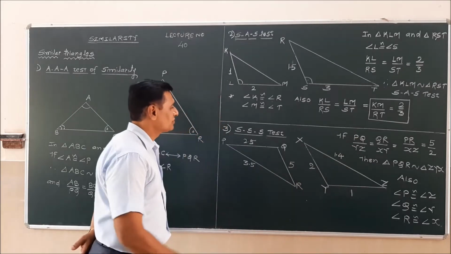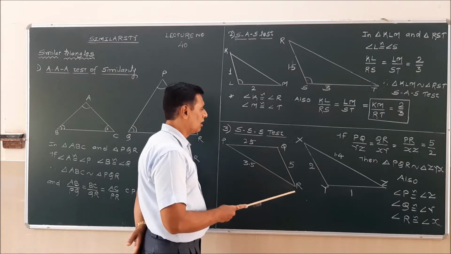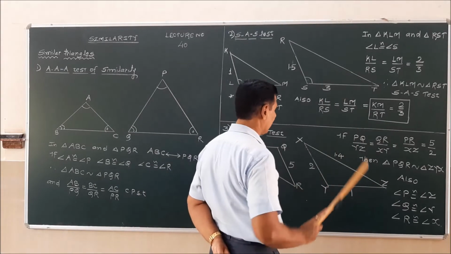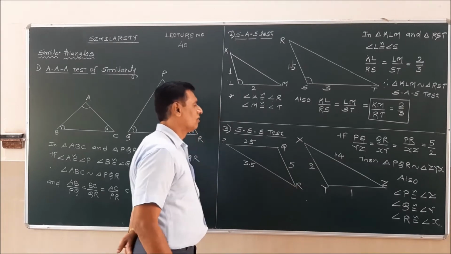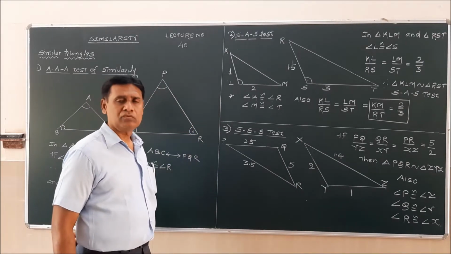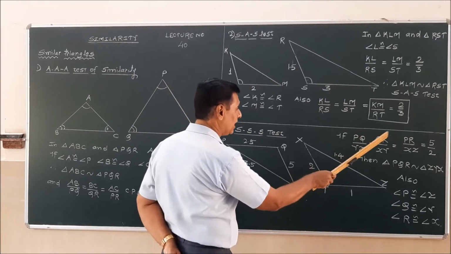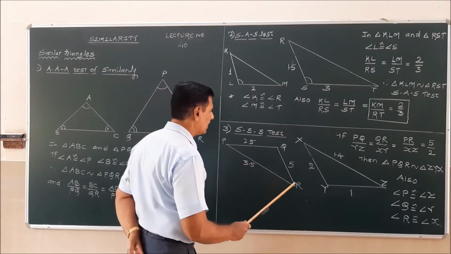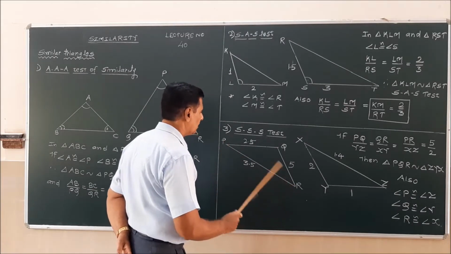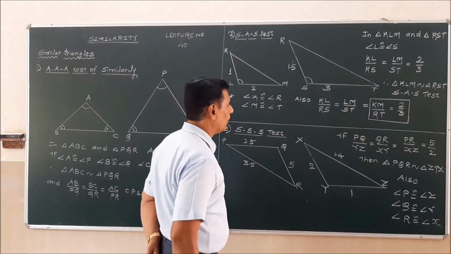The next is QR upon XY. QR upon XY. This is also 5 upon 2. It is very simple. 5 upon 2. PR upon XZ. PR is how much? 3.5. PR is 3.5, upon XZ.